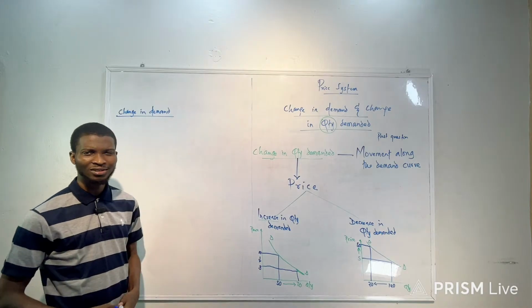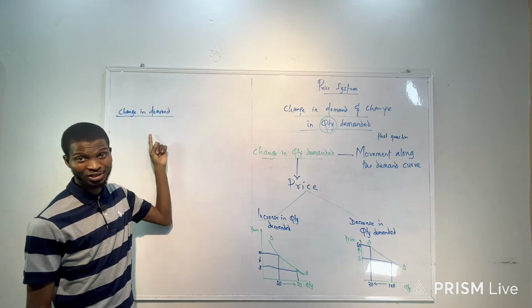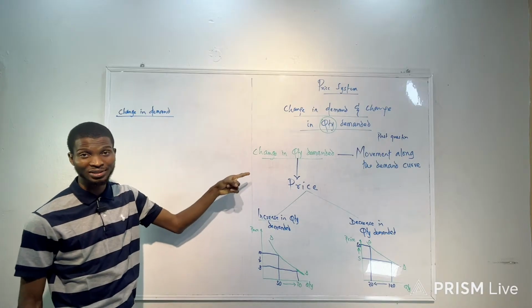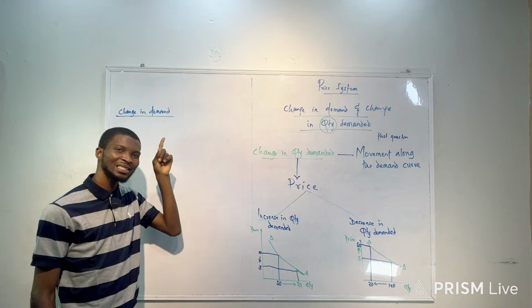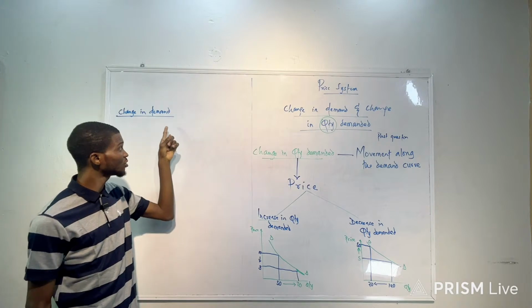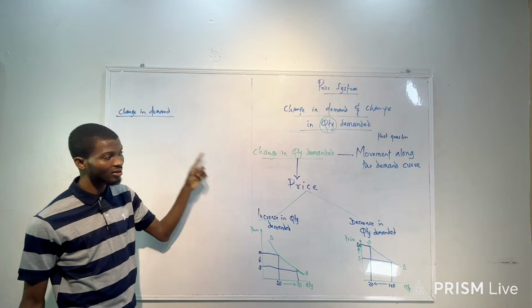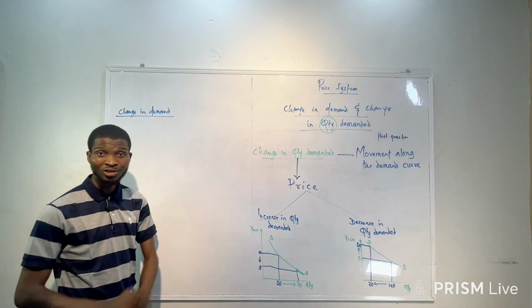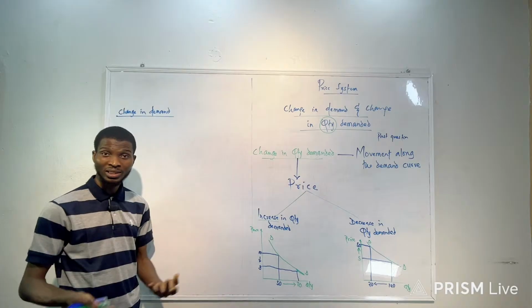Now, for change in demand, starting from the first thing that you can notice, this one does not have quantity and this has a quantity. Because this does not have a quantity, it means that the factor that would be affecting change in demand would never and ever be the price. Because it's only price that can make me buy less or more of something, that means the quantity part.